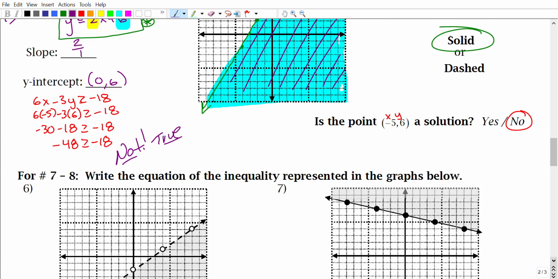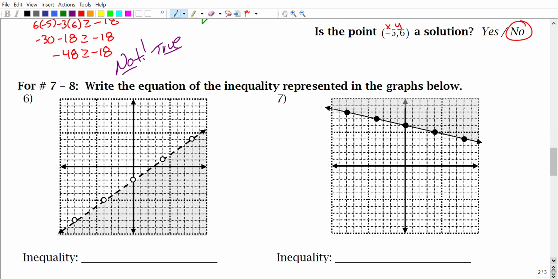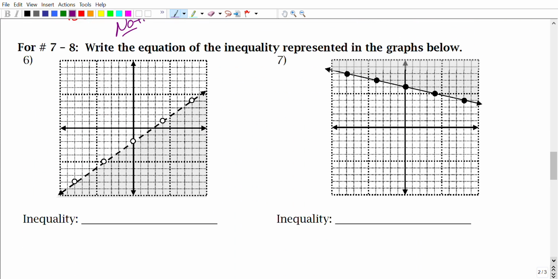So let's go ahead and look at these final two problems, and we will be done for the day. Now, this is a little bit different. Now I actually have the graph, and I'm trying to figure out what the inequality is. Well, what did we need before when we were drawing the graph?